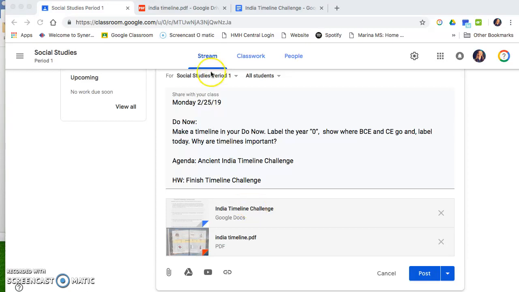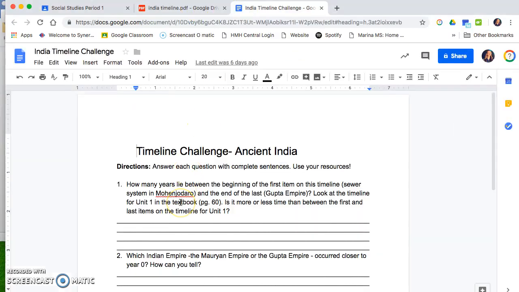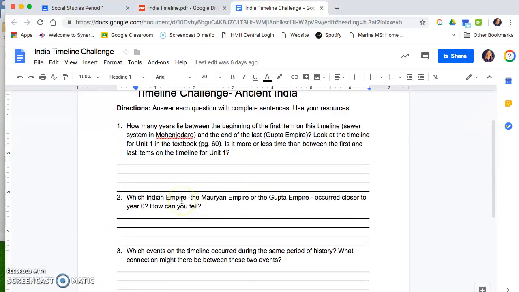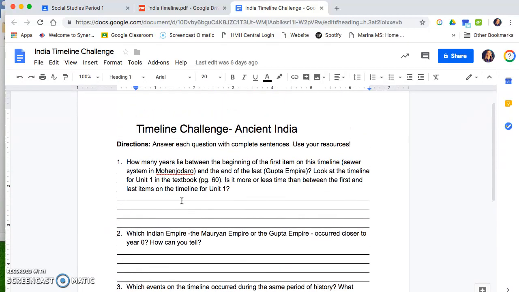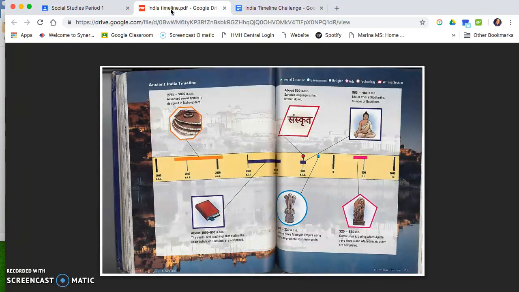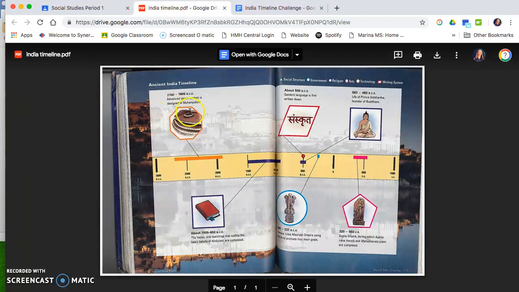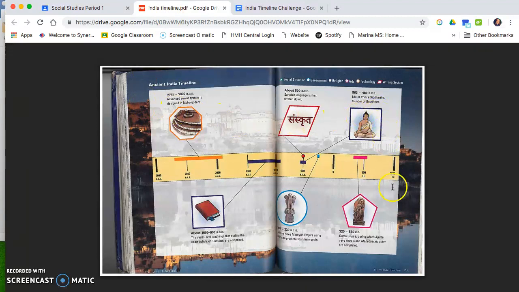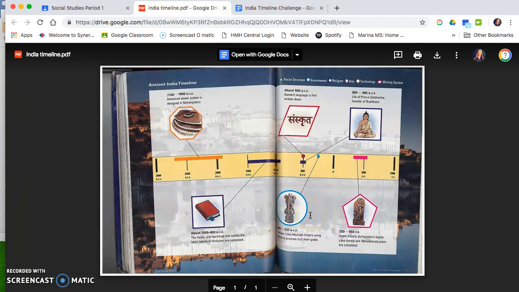It has on it, I'll show you guys here, I think this is the back side where there's your questions about the timeline. And then the front side, I apologize, I can't find my scanned copy of it, but it really does look exactly like this one here. So it's almost an identical copy of the textbook pages. Yours is just in black and white.